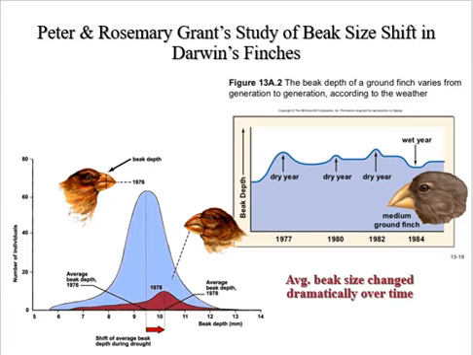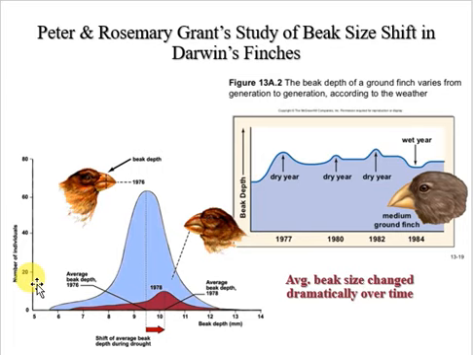During these dry years, or years where there were droughts, birds with deeper, more powerful beaks survived better. And then during the years with normal average rainfall, the average beak depth decreased back to its original size. This here shows the distribution of beak depths for those finch populations before and after the drought.